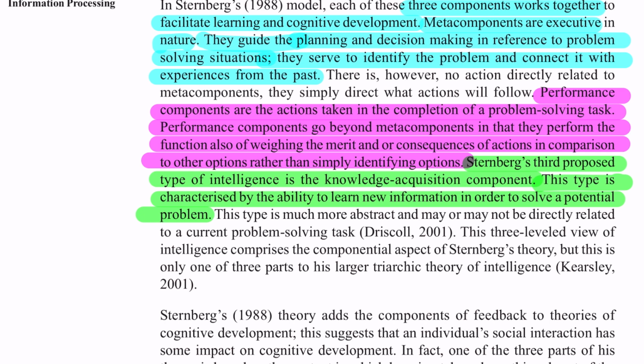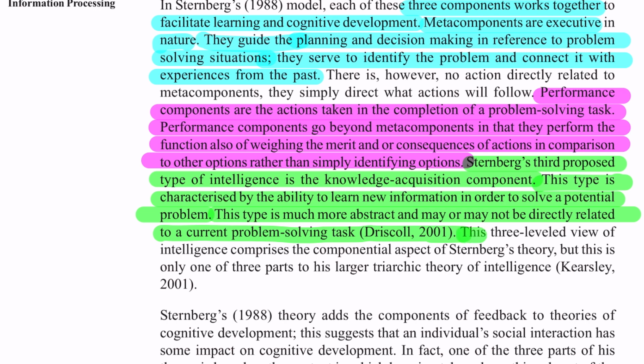If you are getting some other information, you assimilate it. That is knowledge acquisition, because with each act you learn new things. So this type is much more abstract, and may or may not directly relate to the current problem solving. Maybe you have learned something while you are solving that problem.